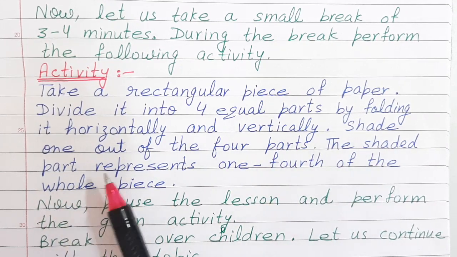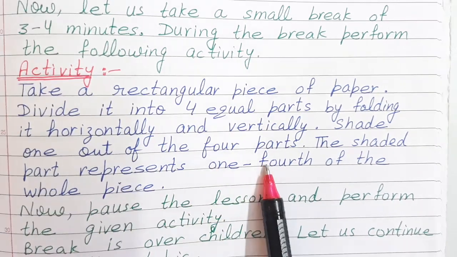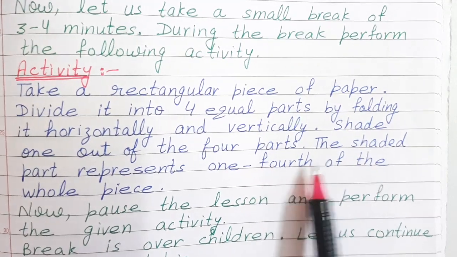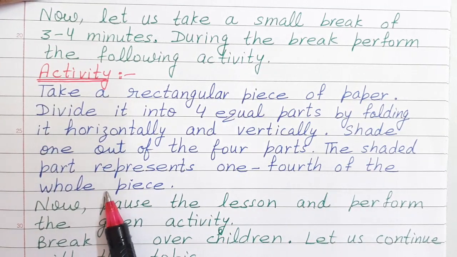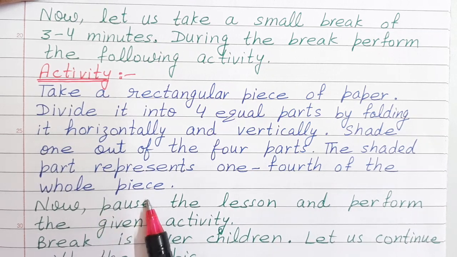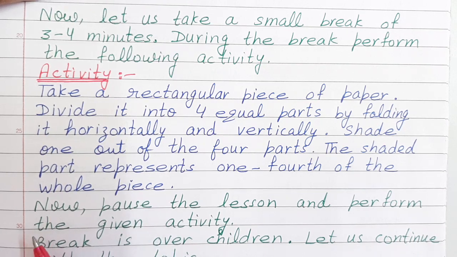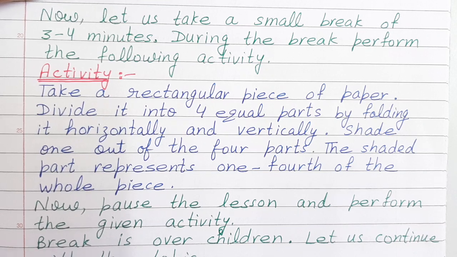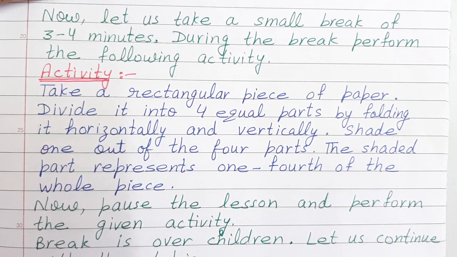Shade one out of the 4 parts. The shaded part represents 1/4 of the whole piece. Now children, pause the lesson and perform the given activity. Okay children, break is over. Now let us continue with the topic.